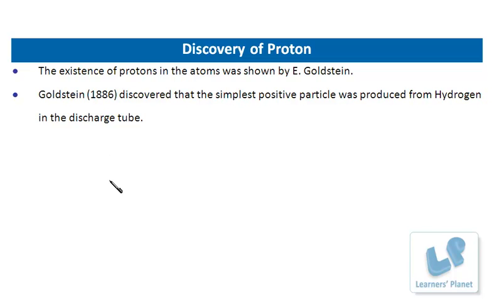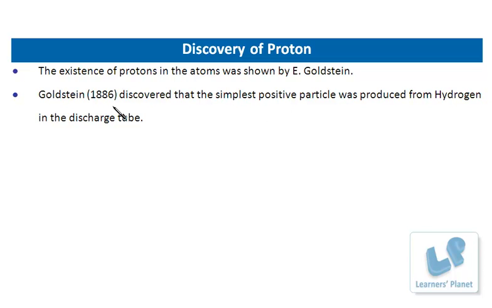It was the cathode at one end and there was the anode. The cathode was connected to the negative terminal. The anode was connected to the positive terminal of the battery. Now he simply modified that discharge tube and this led to the discovery of positive particles, that is the protons.